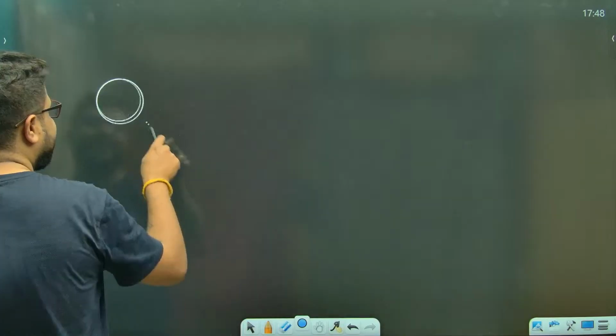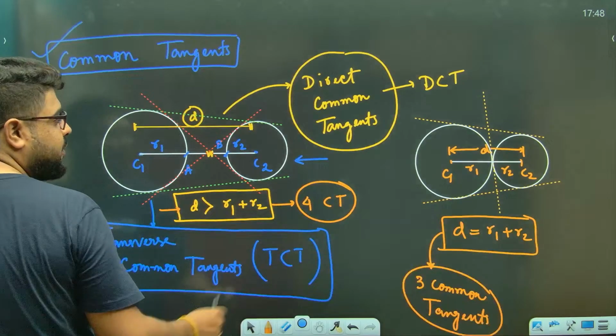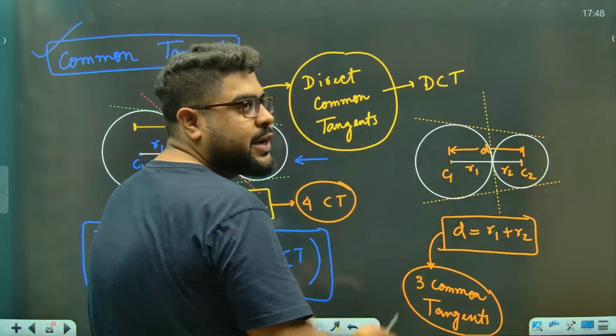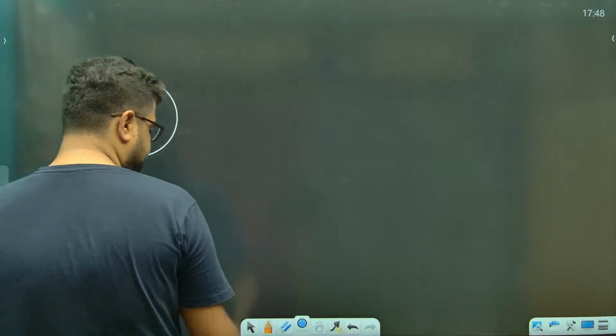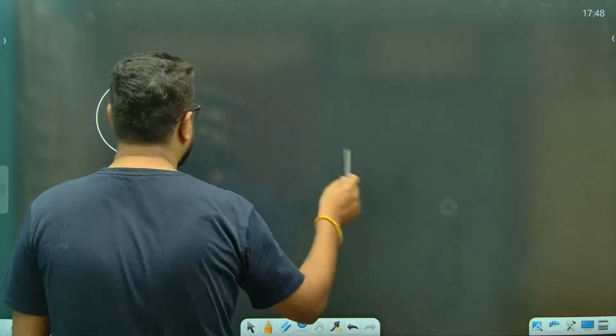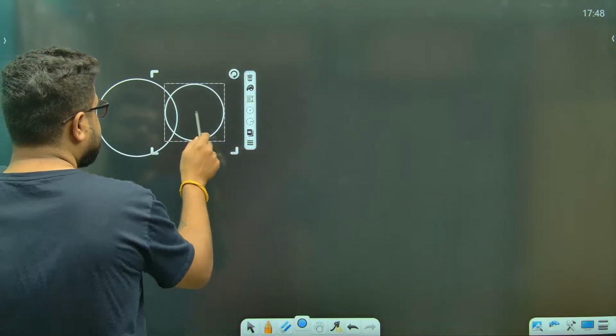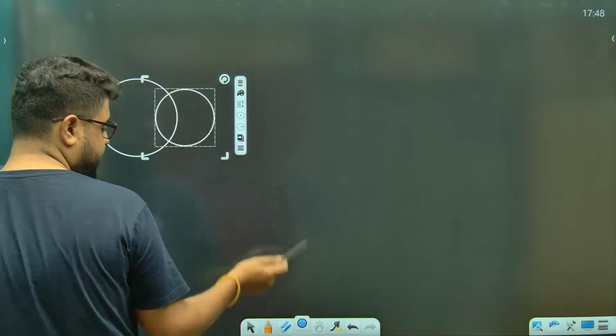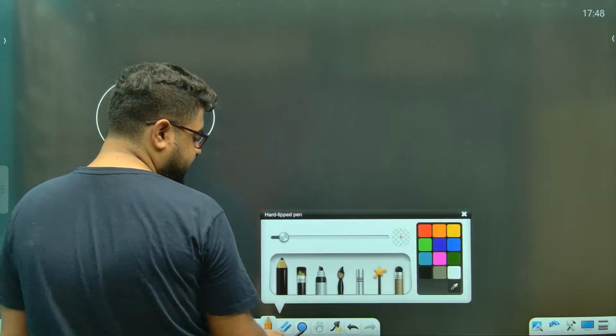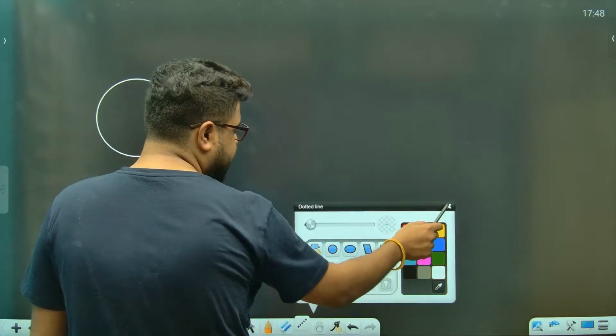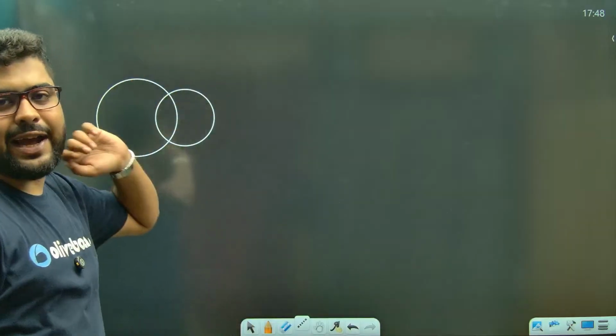What I was doing was pressing the circles together. So next, what can happen? Something like this can happen. Meaning they have overlapped.